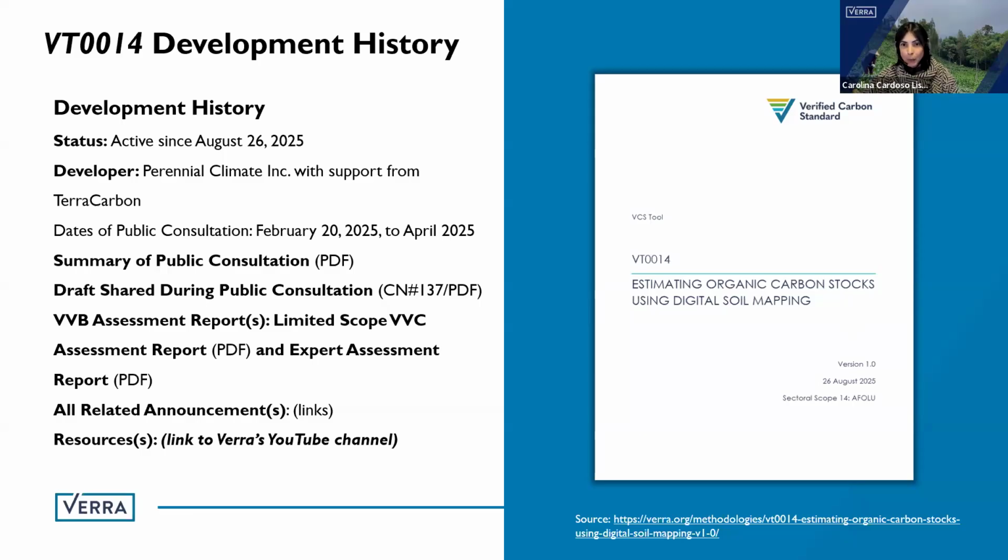It was developed by Perennial Climate Inc. with the support of Terra Carbon. And the tool went through a public consultation period early this year, which lasts more or less 45 days. And during this time, we received nearly 200 comments with valuable feedback from stakeholders across the carbon and agricultural sectors.